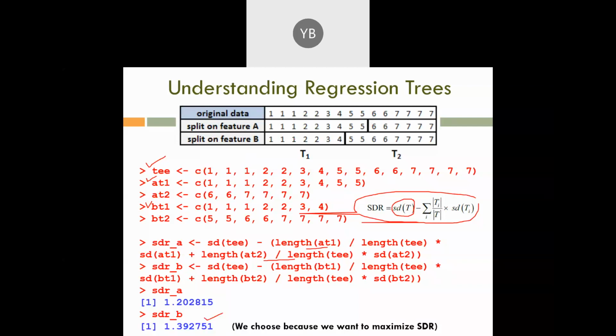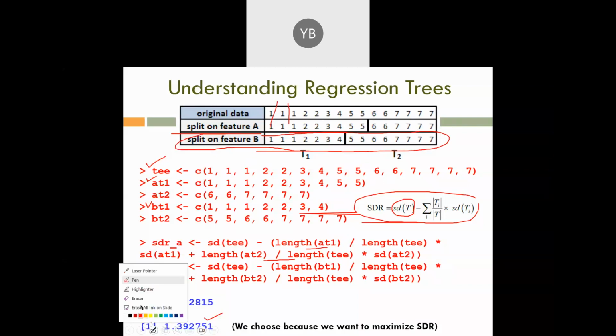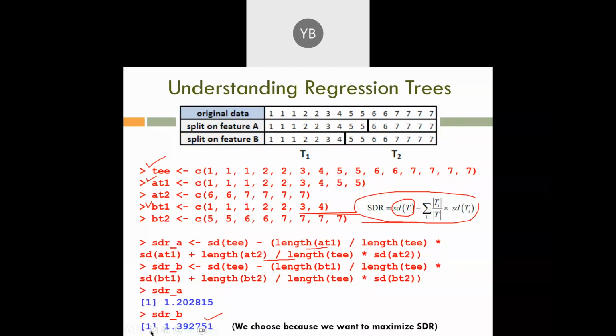So splitting your data into two using feature B is better because we have maximized the standard deviation reduction. This is just an example. In a real situation, you need to test when we split the data here, then the data here again, here, here, and here.